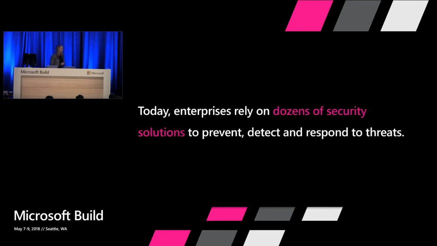So let's get started. Today, a typical enterprise relies on literally dozens of different security solutions. Now, this often includes a mix of threat protection technologies, which are used to alert or block potentially malicious activity that's happening on endpoints or related to identities or applications.